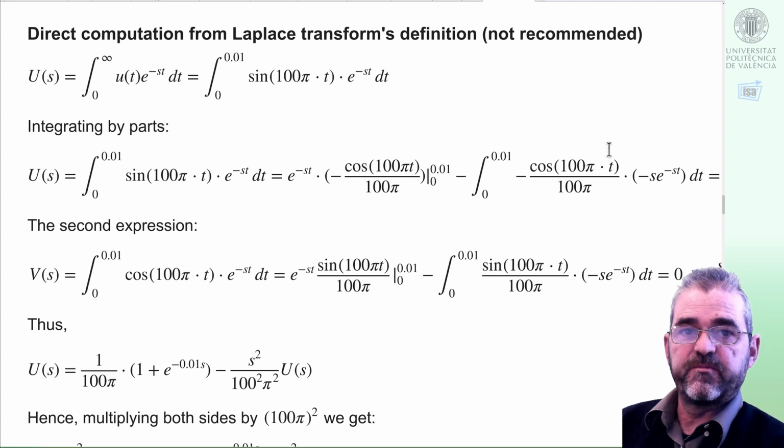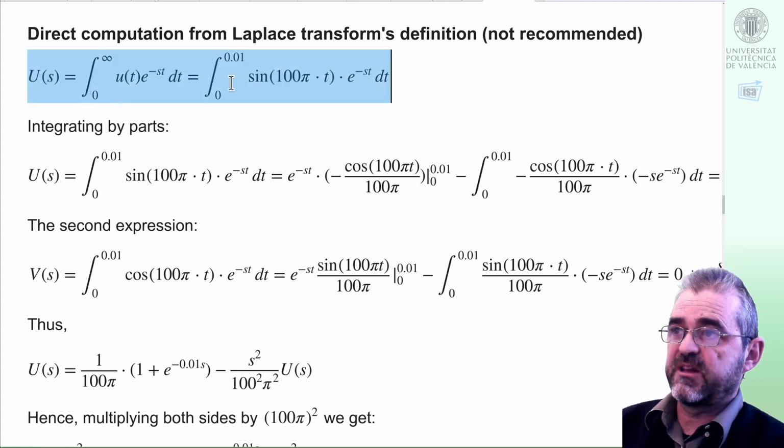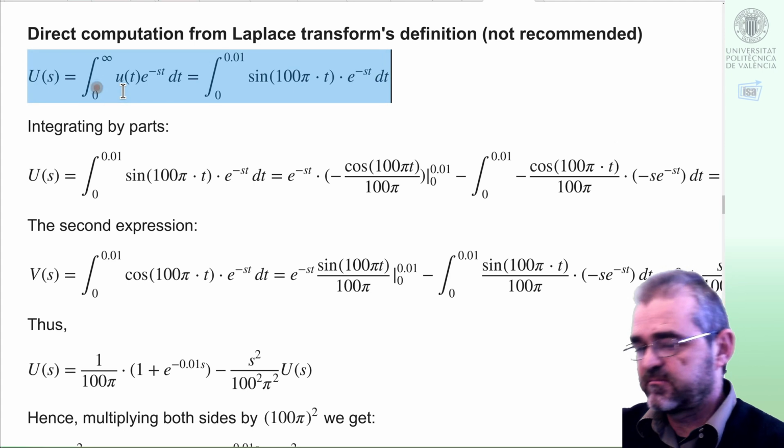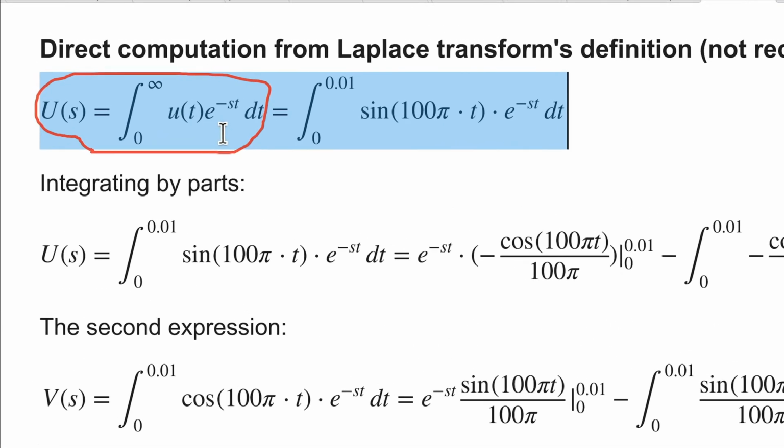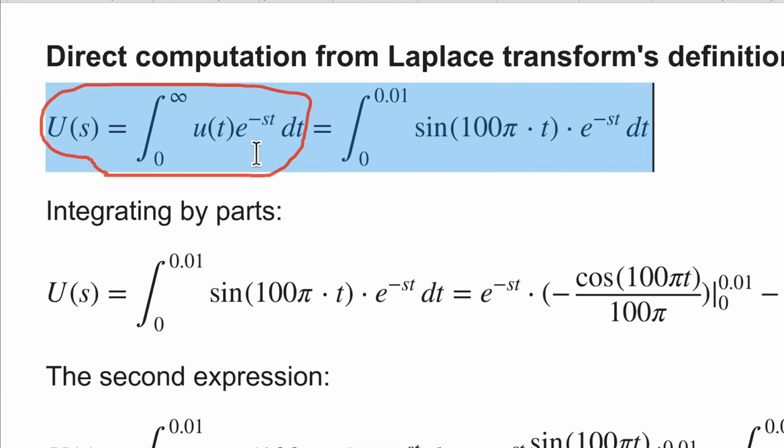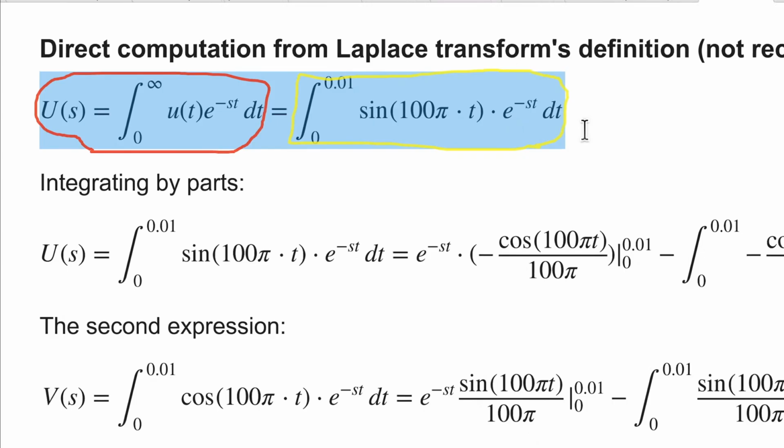But okay, let's go with it. The Laplace transform of a signal is this integral by definition. And in this case, as our signal ends at time 0.01, we can forget about infinity and stop integration at 0.01. Well, good, so we need to compute this.